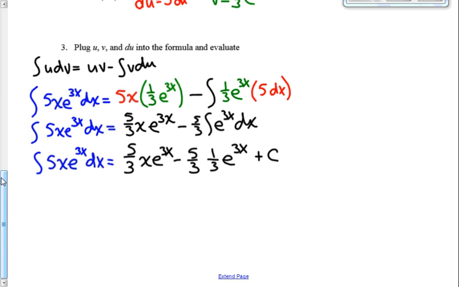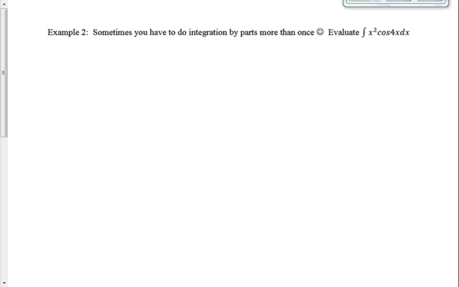So let's go to example 2. In this example, it's an example showing that sometimes you get to do integration by parts more than once. So we're starting with the antiderivative of x squared cosine of 4x dx. So the first thing that I need to do is figure out, well, what's my u?